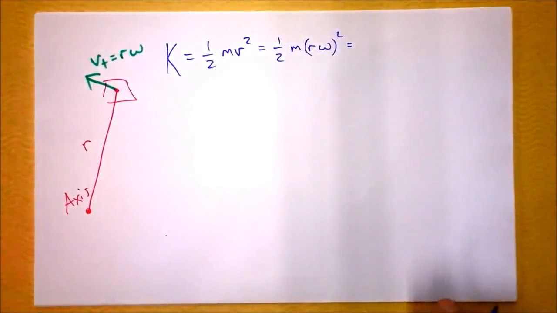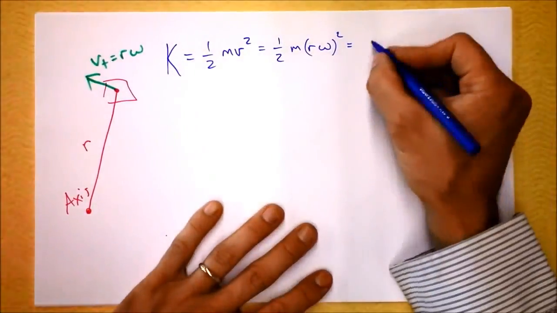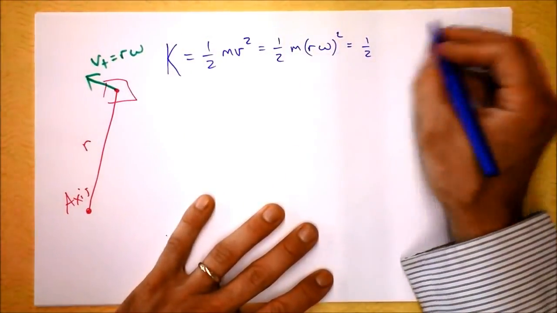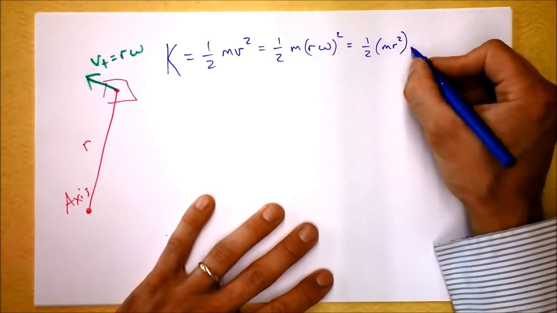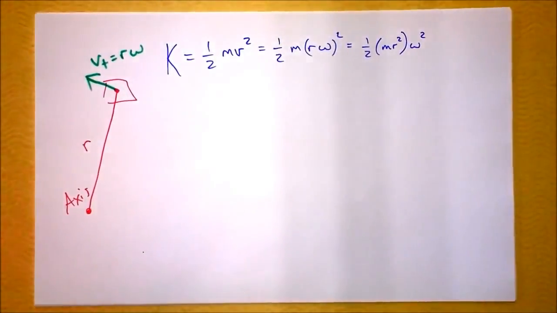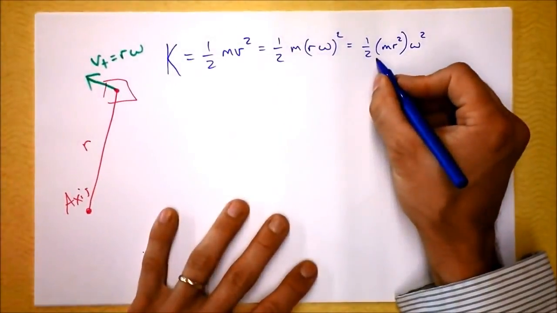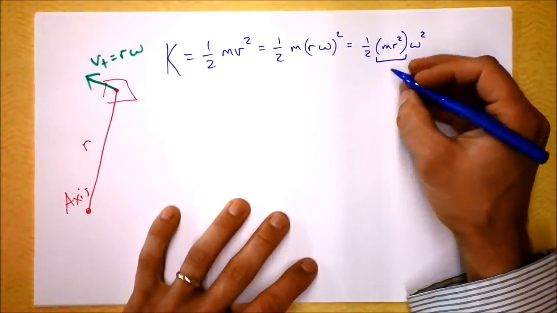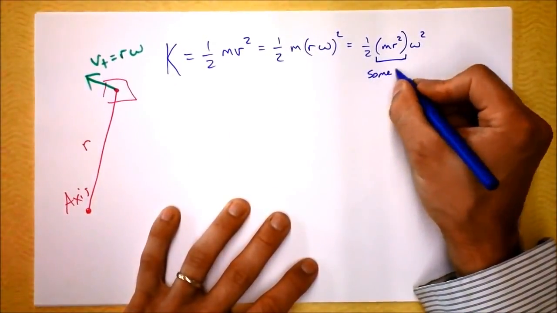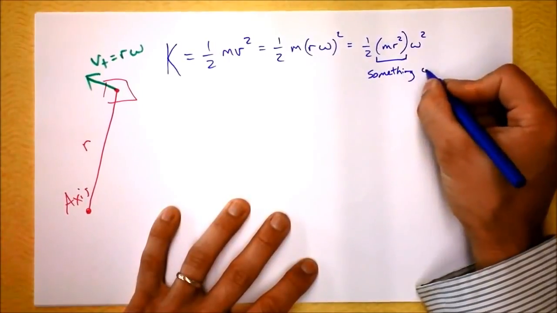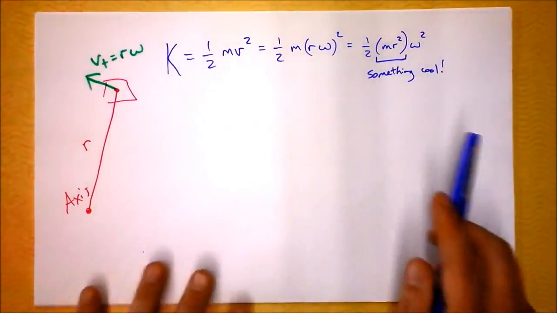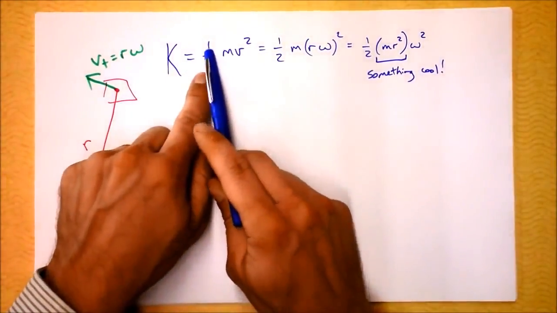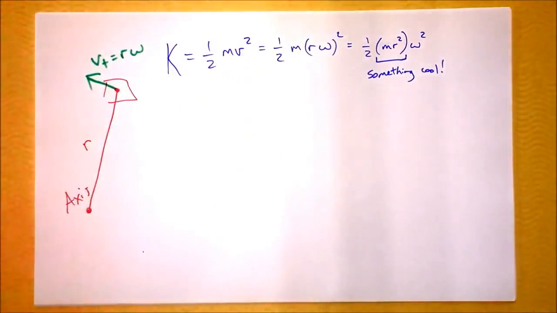And if we spread this out a little bit more, we can say that it's 1/2 m r squared times omega squared. And the reason I'm doing this is I'm going to identify this thing as something cool. So our plan is to take this equation, 1/2 mv squared, and make it into a rotational equation.